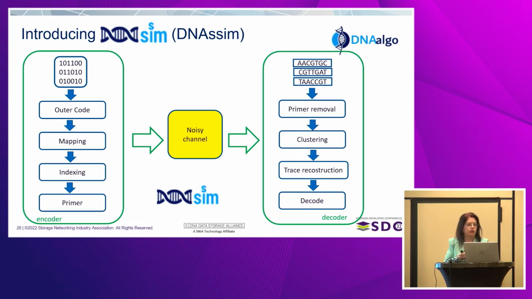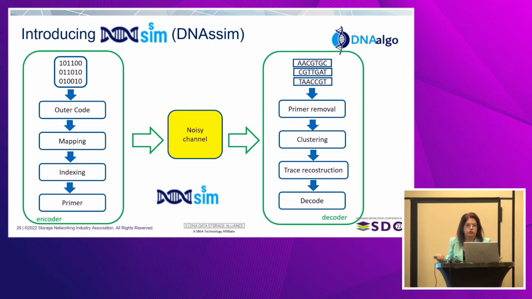We are trying to find out how many different groups of the same strand have been replicated due to PCR. Then from each cluster, we try to find out which strand was most likely synthesized. This is done through trace reconstruction.